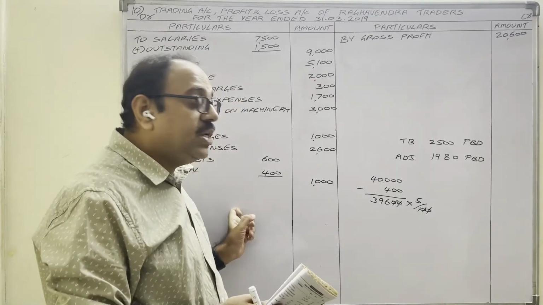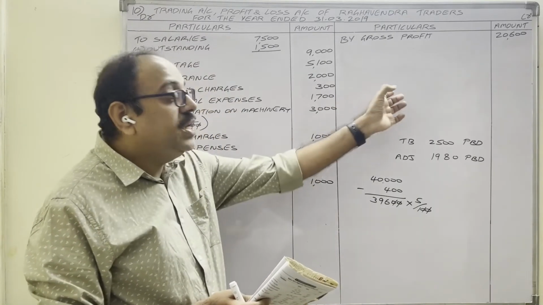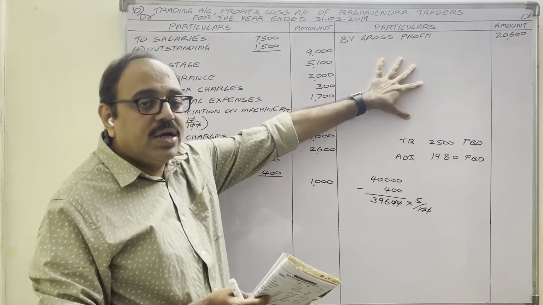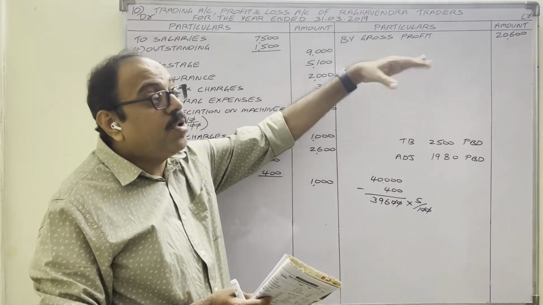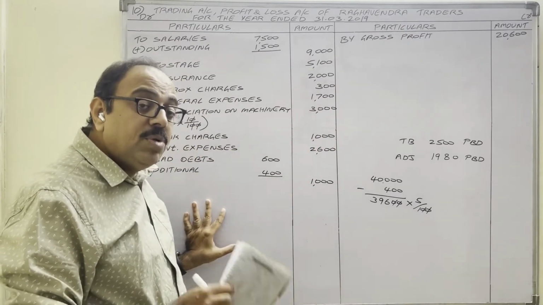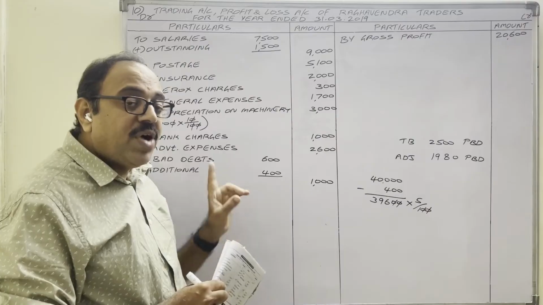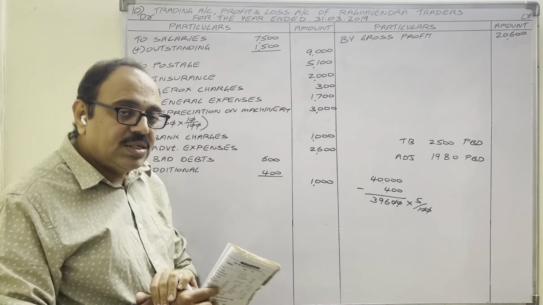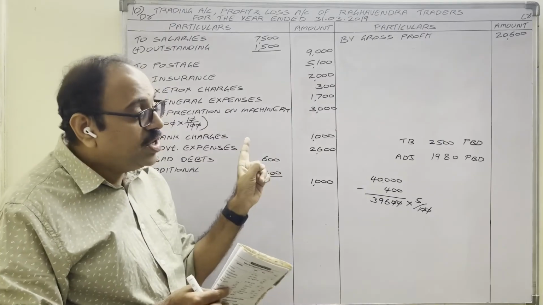Debit side expenses and losses we are showing, credit side incomes and gains we are showing. Therefore, whatever we show on credit side, because of that profit increases, and because of debit side amounts, profit decreases.